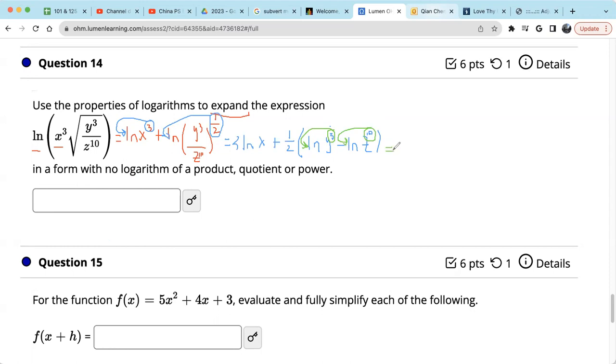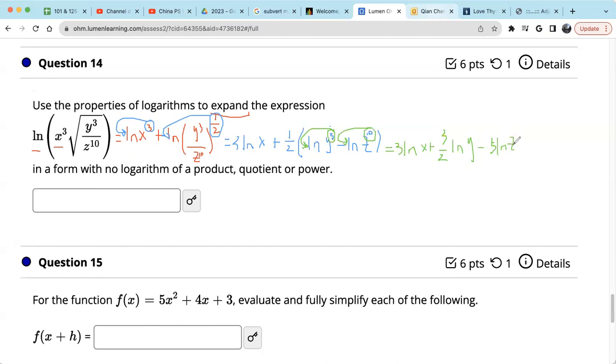So my last step is 3 ln x plus half times 3, that's 3 halves. 3 halves of ln y minus, now 10 multiplied by half, that's 5. 5 ln z.